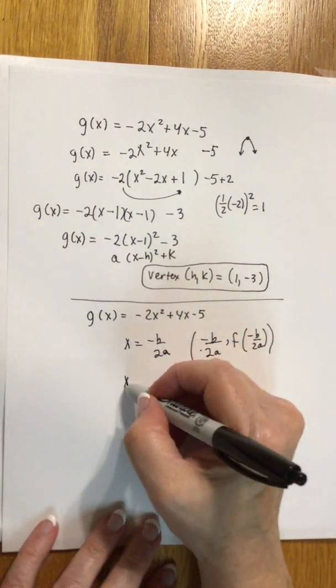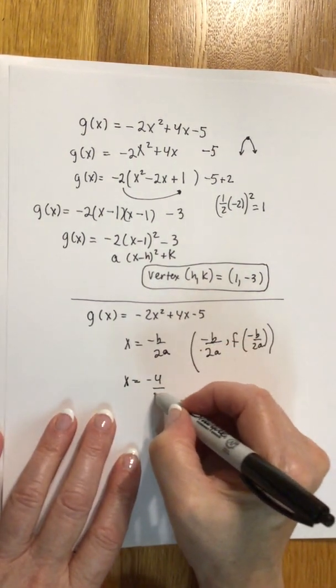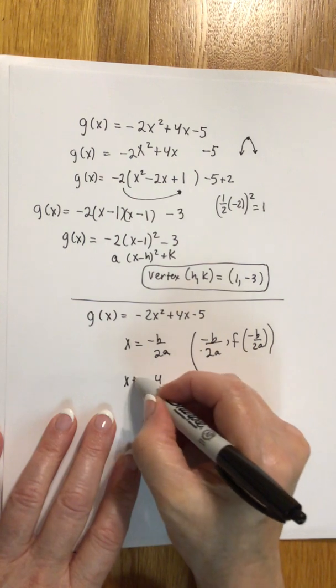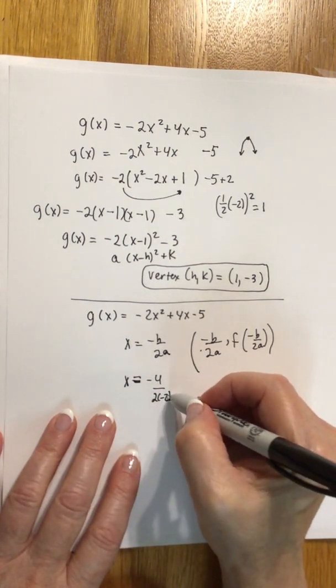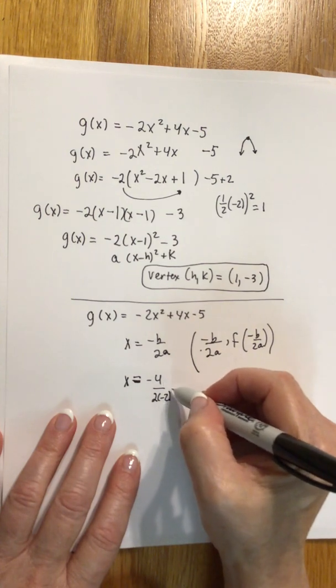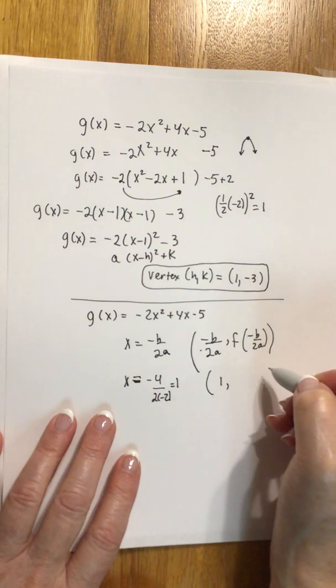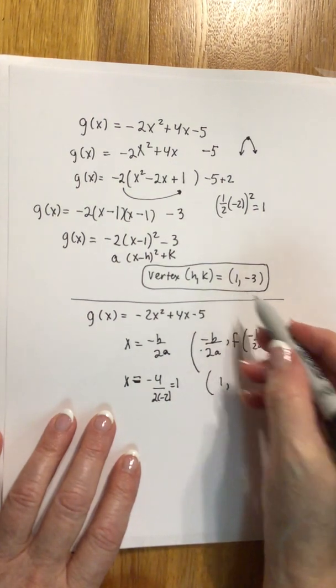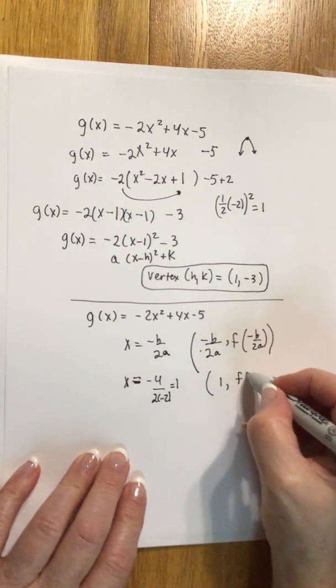So I get x equals, b is 4, so negative 4 over 2 times negative 2. Negative 4 divided by negative 4 gives me a positive 1. So my x value is a positive 1, which is a good thing because it was in the other one as well. So now I've got to take positive 1 and plug it into f.